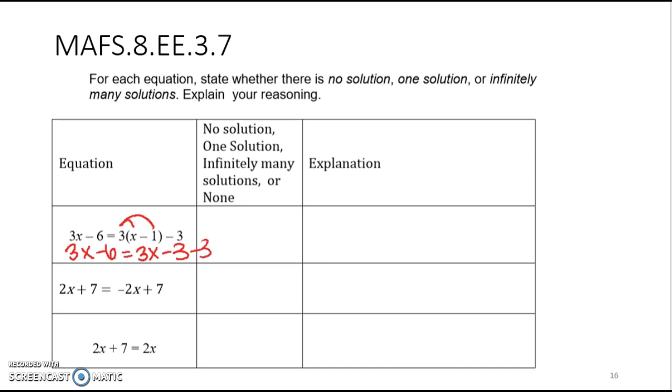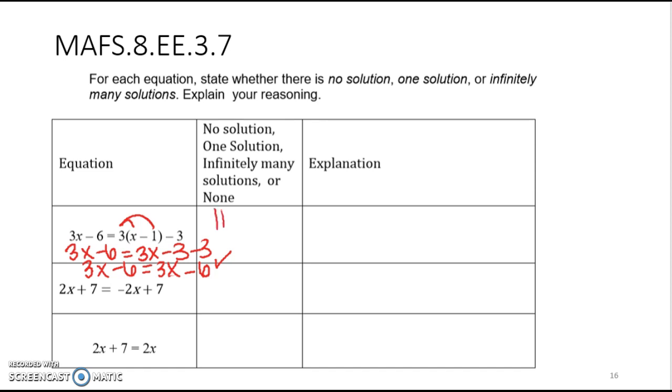So if I were to solve this side, 3x minus 6 equals 3x minus 6. That's actually a true statement.